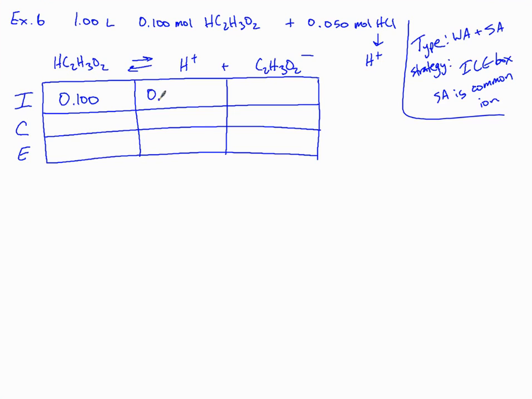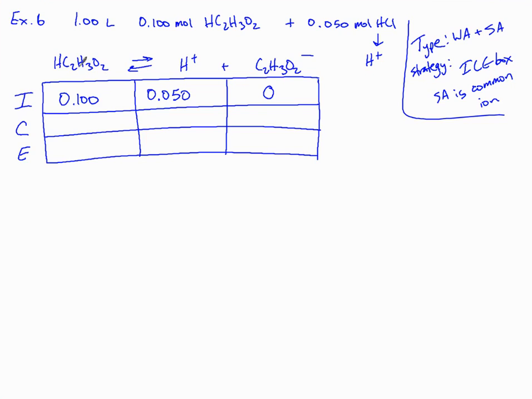So we have 0.050 moles of the H+ ions. And at the very beginning, there was no existing acetate, so we're going to mark it as a 0. Quick note, everything has coefficients of 1. They're in 1-to-1 ratios. That makes this one a little more straightforward.